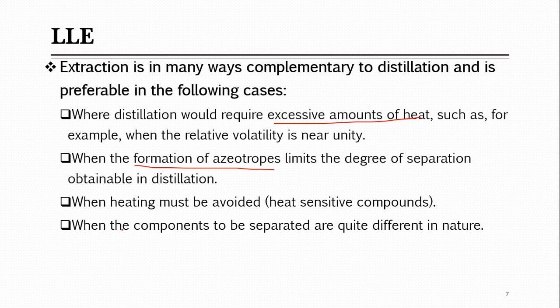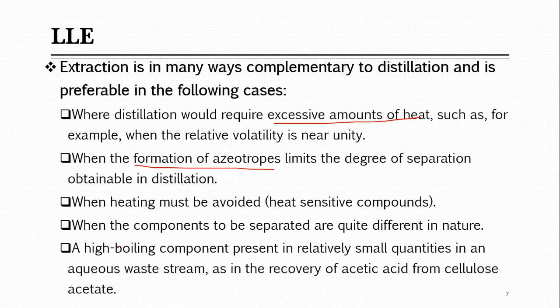They are all hydrocarbons, but of different nature, and if you have to separate them, it's better to go for liquid extraction instead of distillation, because they will be close in boiling point to each other, their volatility may be close, so it will be difficult to separate them. So it's better to go for this kind of technique that is called liquid extraction.